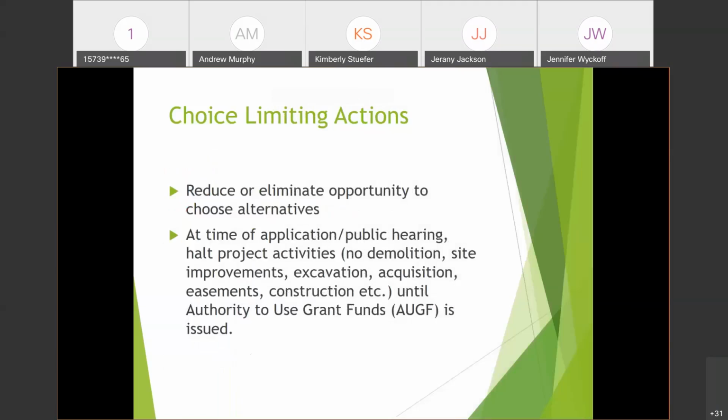So choice limiting actions are actions that reduce or eliminate the opportunity to choose alternatives.